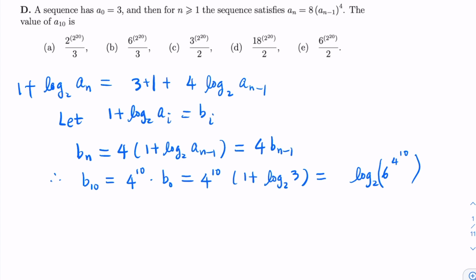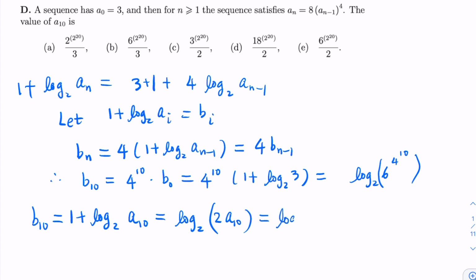What's b10? b10 here is, by definition, equal to 1 plus log base 2 of a10. So that is, in other words, log 2 of 2 times a10. Yes, left hand side equals right hand side.